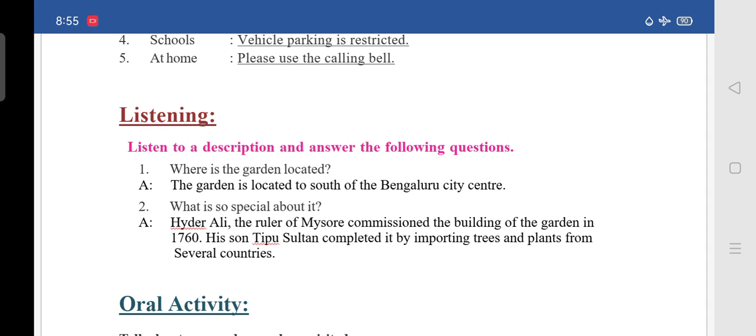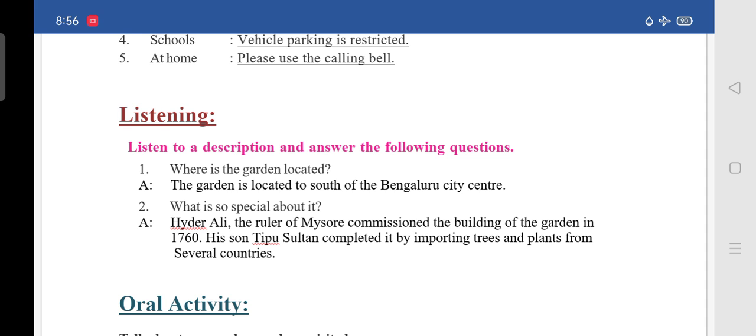Lal Bagh. Dear students, now we are in Lal Bagh Garden, Bangalore. It means the Red Garden in English. It is one of the famous gardens in India. It is located to the south of the city center and is Bangalore's main attraction.